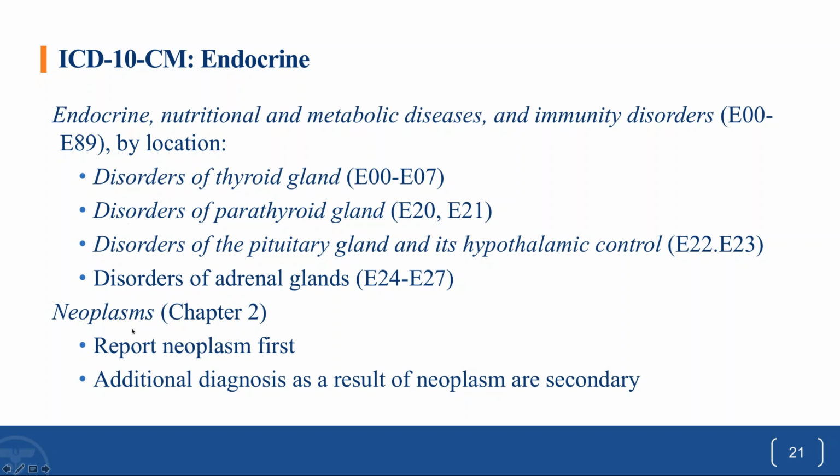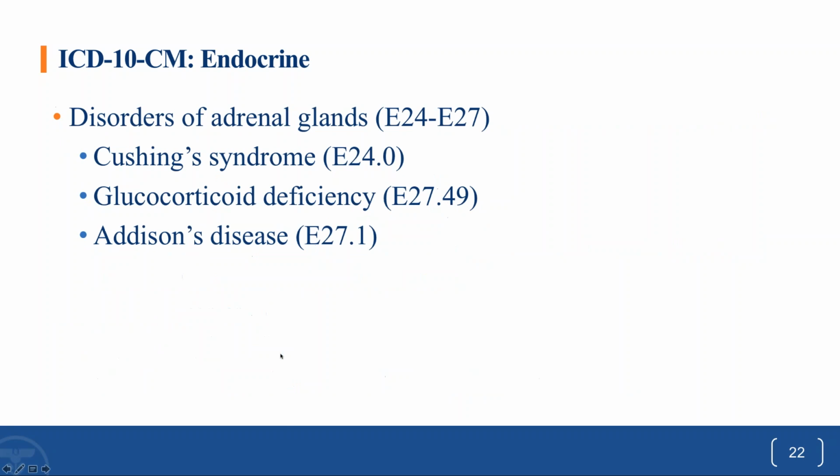Where did I want to go? Chapter 2. It tells you report your neoplasm first. And additional diagnoses as a result of the neoplasms are reported secondary. But of course, you would know that because you would review your coding guidelines. And these are just some of the common disorders. They're going back to endocrine here.